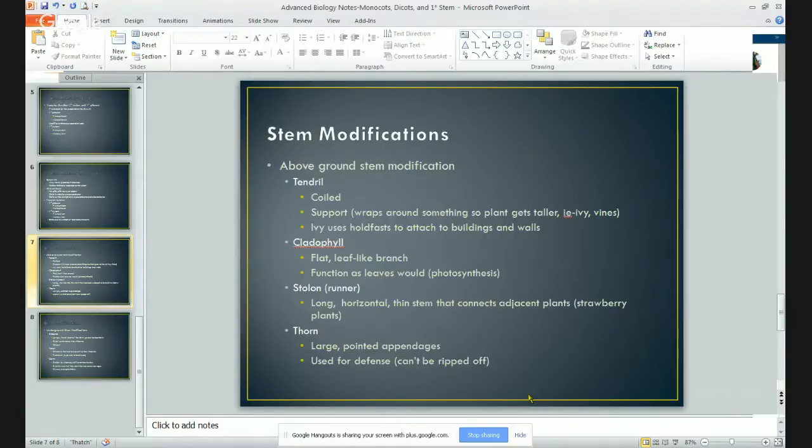You've got a stolon or a runner. These allow them to connect to other plants that might be next to them. Think strawberry plants. They have stolons or runners that connect the whole patch.